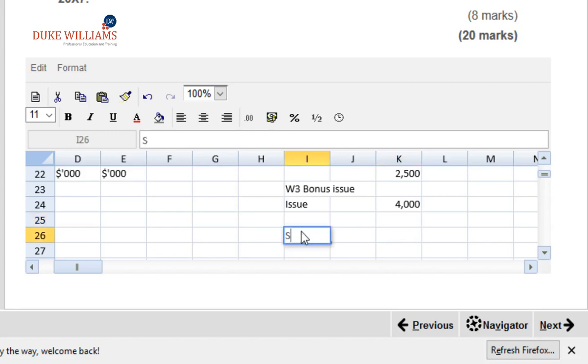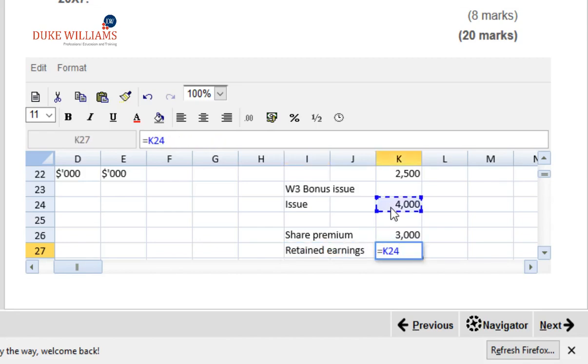So the share premium, which would be in OCI, would be 3,000. Then the retained earnings will pay for the balance, and that should be this minus this.